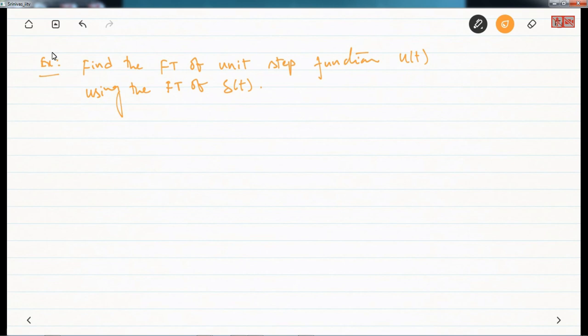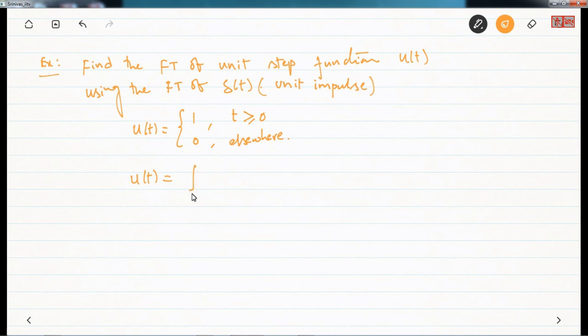So let's recall what the unit step function is. The unit step function is 1 for t greater than or equal to 0 and is 0 elsewhere. So what is the relation between the unit step and the unit impulse? Delta of t is the unit impulse function.